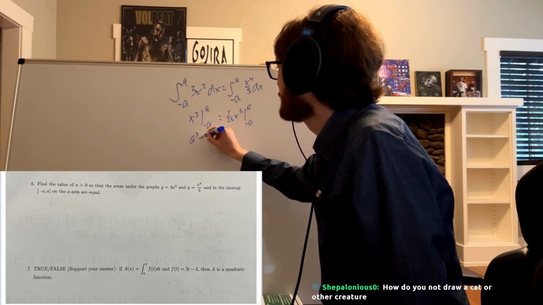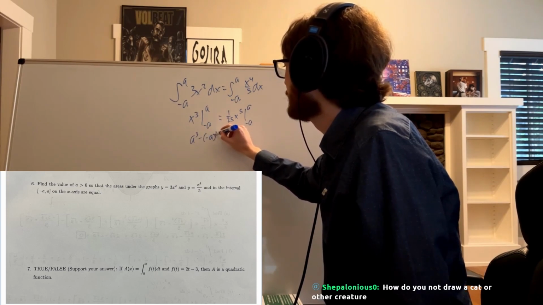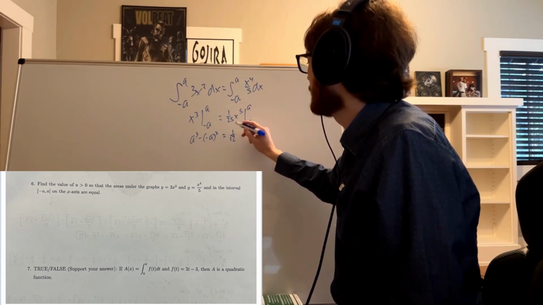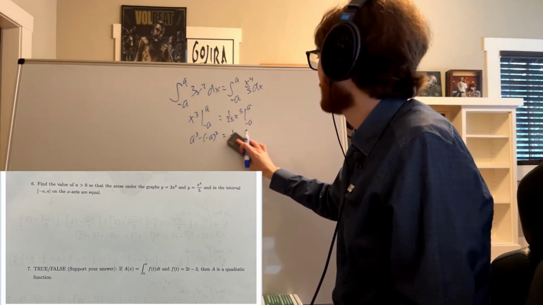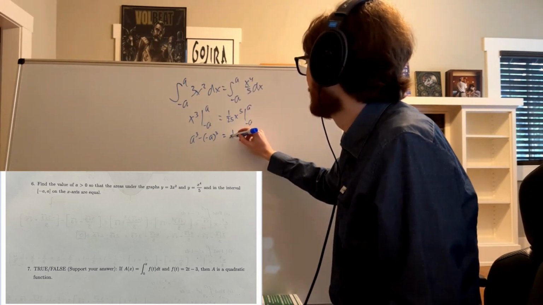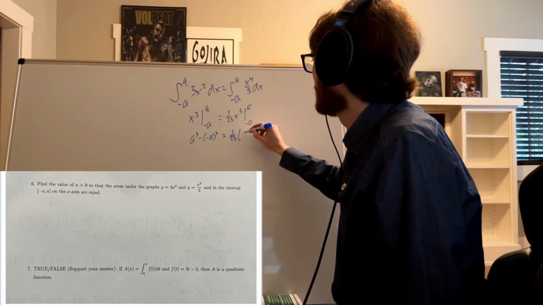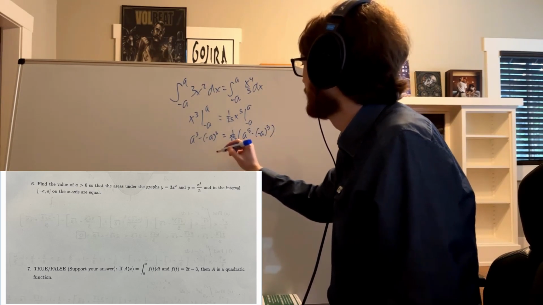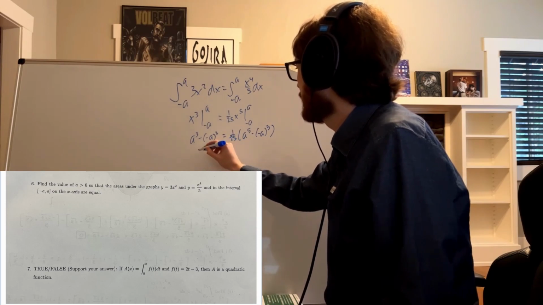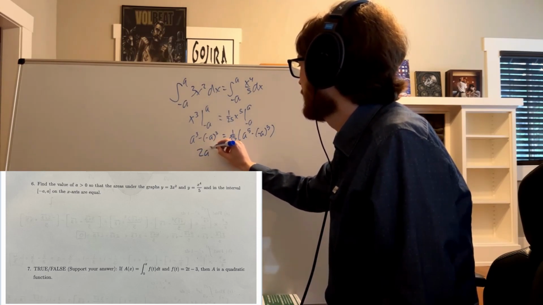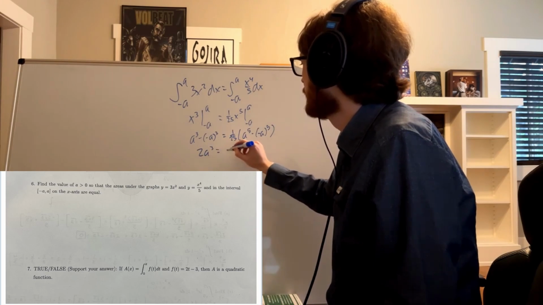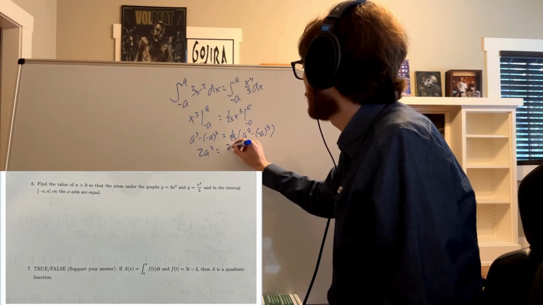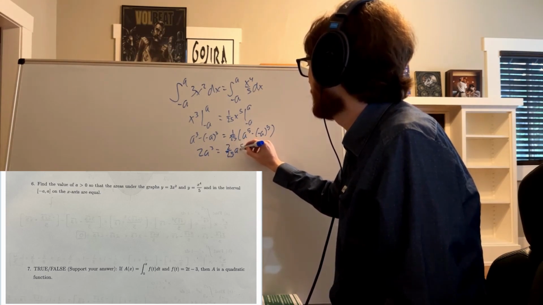So we get a cubed minus -a cubed. 1/20. What? That's not 25 at all. Less than half of 25. A to the 5th minus -a to the 5th. So that becomes 2a cubed. That's 2/25, a to the 5th.